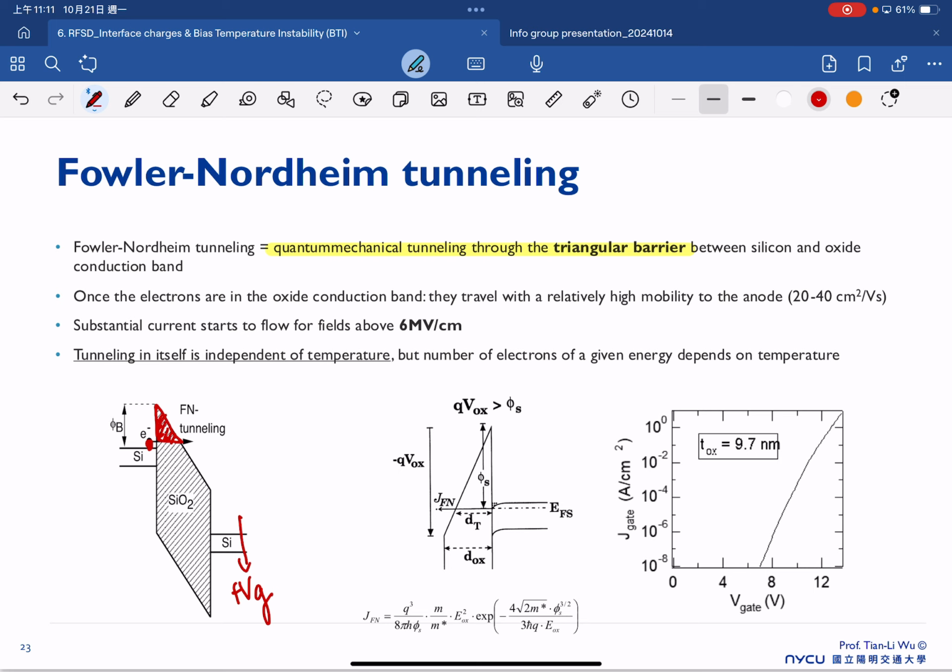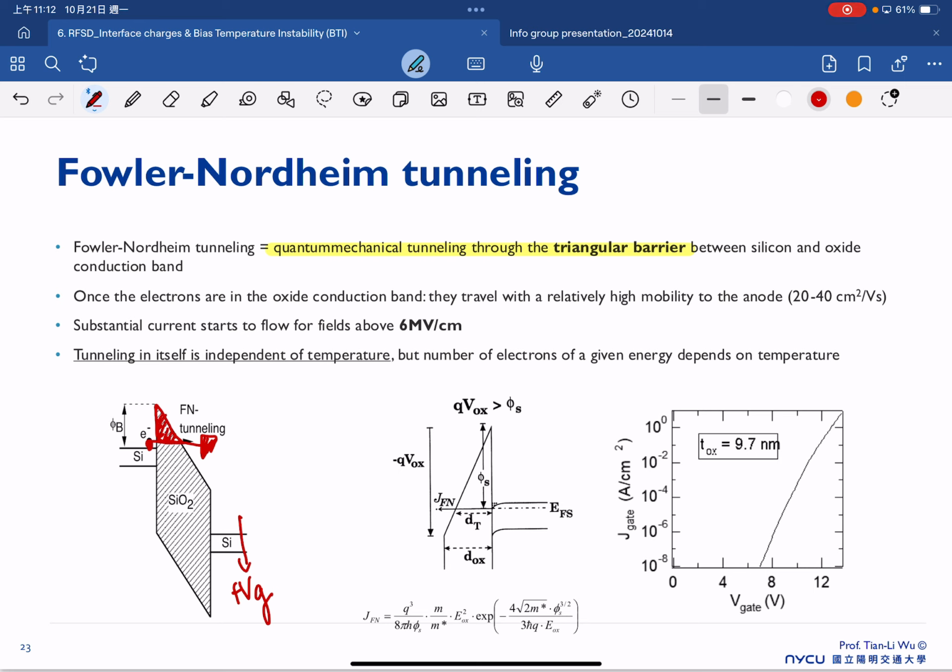And based on quantum mechanics, we understand that once your barrier becomes thinner, once you have a smaller barrier, the probability of electron tunneling will increase. So now this becomes triangular, and the electron has the chance to cross this barrier and reach the other side. This is the phenomenon we call FN tunneling here.